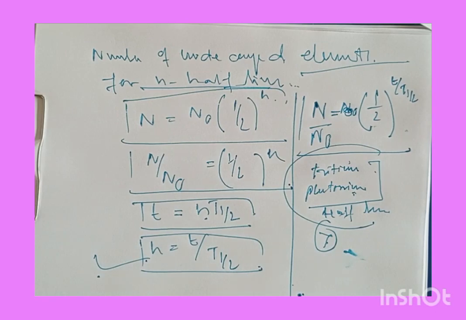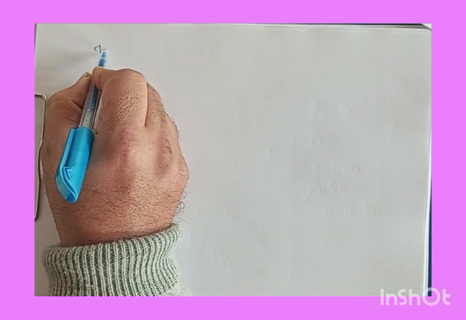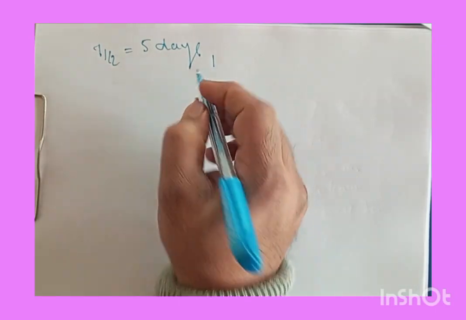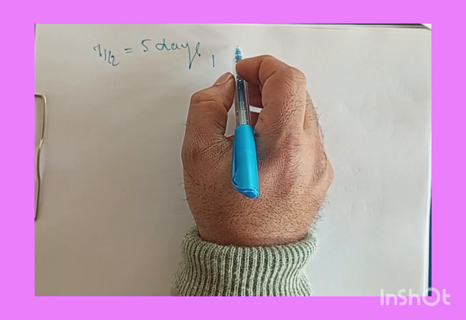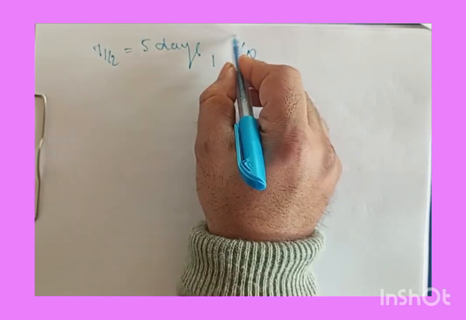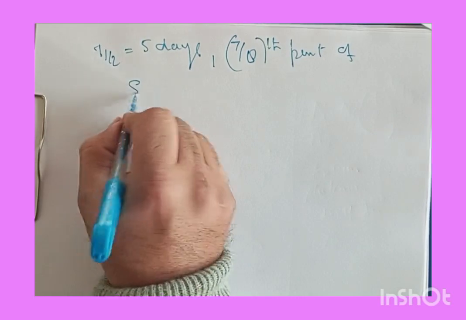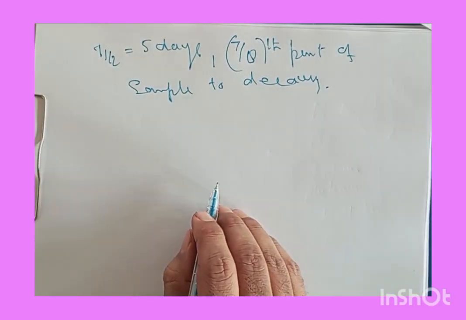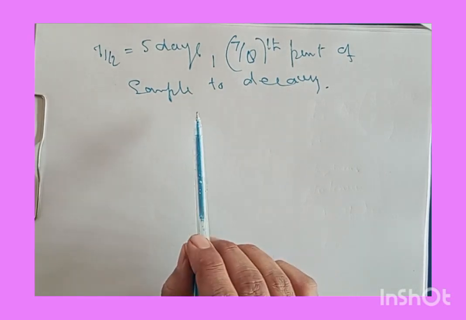And if we take a simple example at this point of time, suppose I have some element, it has half-life equal to 5 days, and I want to calculate the time taken by 7 by 8th part of the sample to decay.